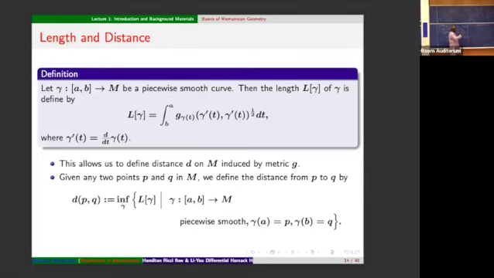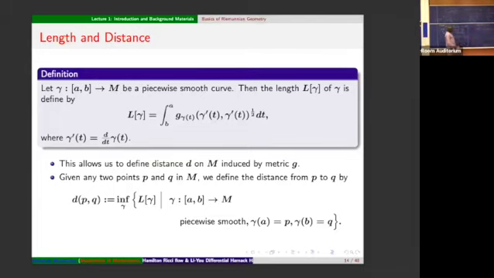Then the length of that curve in M, which we'll call L, is defined as the integral from a to b of g at this point of the curve, where t is in the interval [a, b], applied to the derivative of the curve, the velocity vector, to the power one-half, dt.